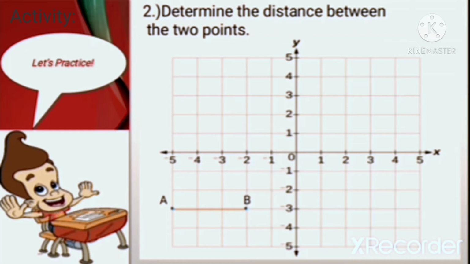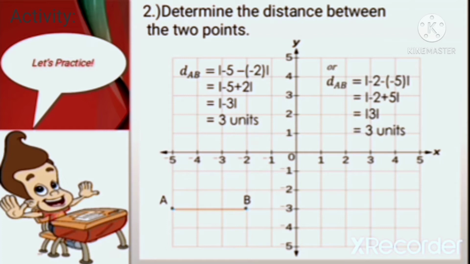So how did you come up with this answer? Again, that is a horizontal distance, so we'll just use the increment of x. So distance from A to B is equal to the absolute value of negative 5 minus negative 2. So our x sub 2 is negative 5 and our x sub 1 is negative 2.